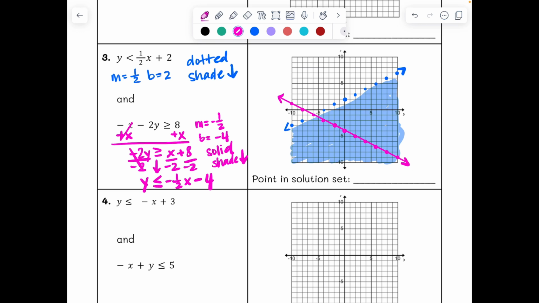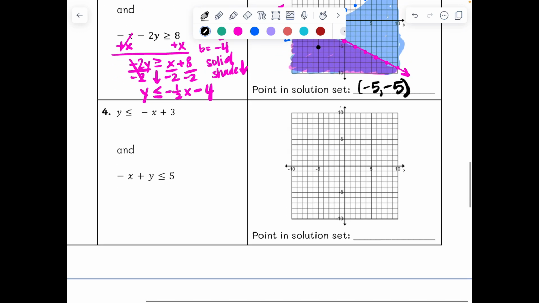And we will shade below the line. And let's pick a point in the solution set. So I'm going to pick negative 5, negative 5. Any point in the overlapping region.